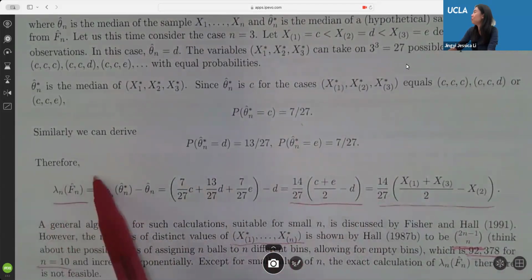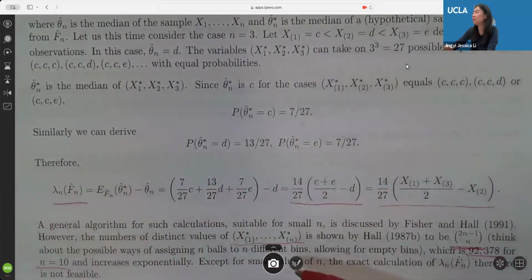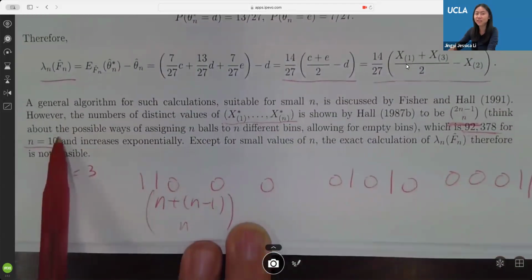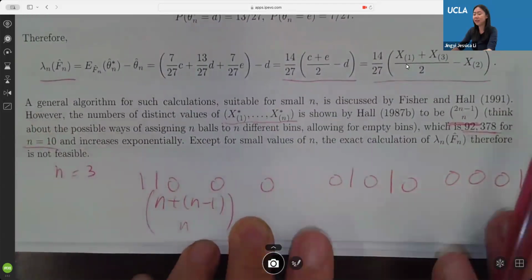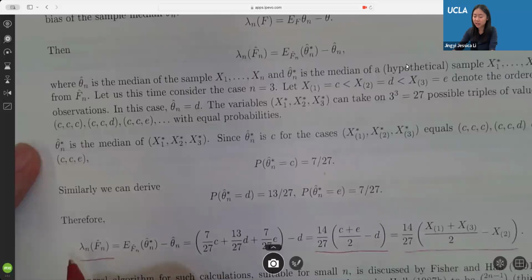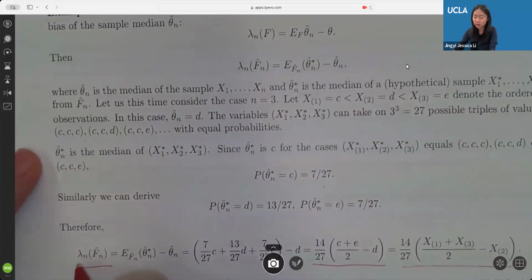You cannot afford to do that. n equals 2, yes. n equals 3, yes. But n equals 10, no. So the question here is, this thing is what we want, but it is very hard to compute.